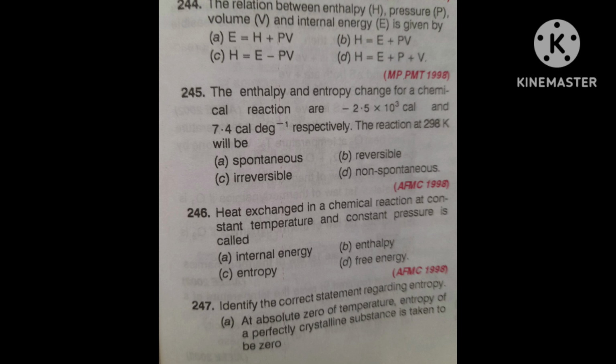Third, depends upon which catalyst is used. Fourth, is always the same. This question was asked in BHU and it will take hardly 10 seconds to answer. Just think. After that I will tell the correct answer and its explanation.